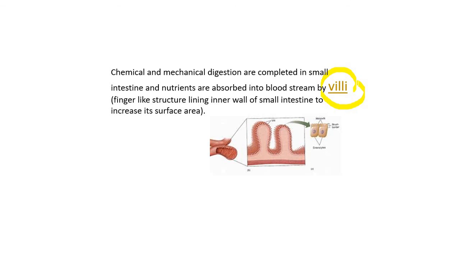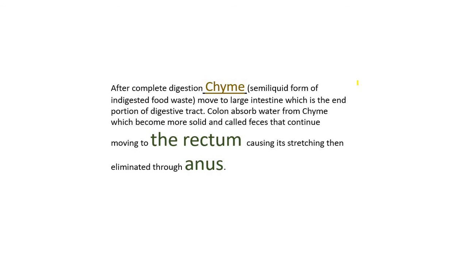This is what helps the food nutrients to be transferred to the bloodstream. And like we said, the remaining chyme becomes more solidified because the colon will absorb the excess water. It transforms into a more solid shape, which is the feces, and is expelled through the anus.